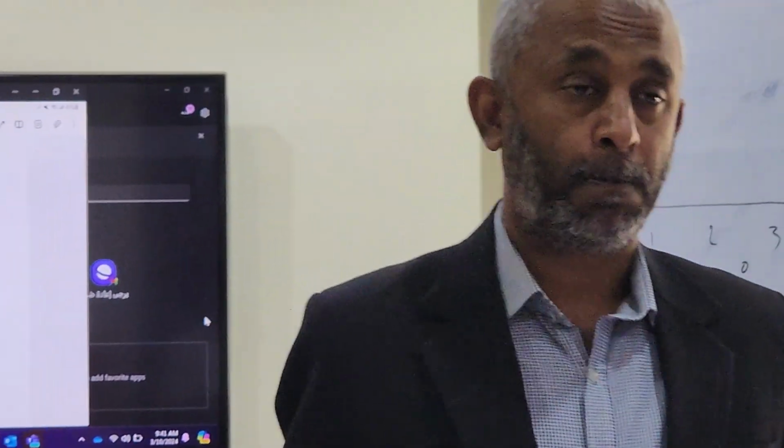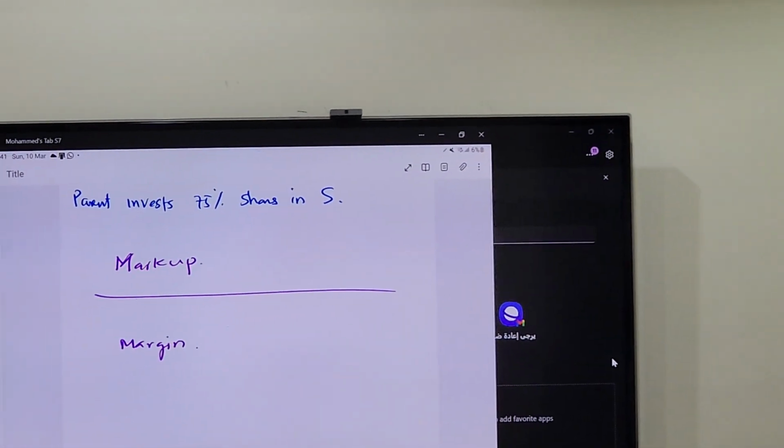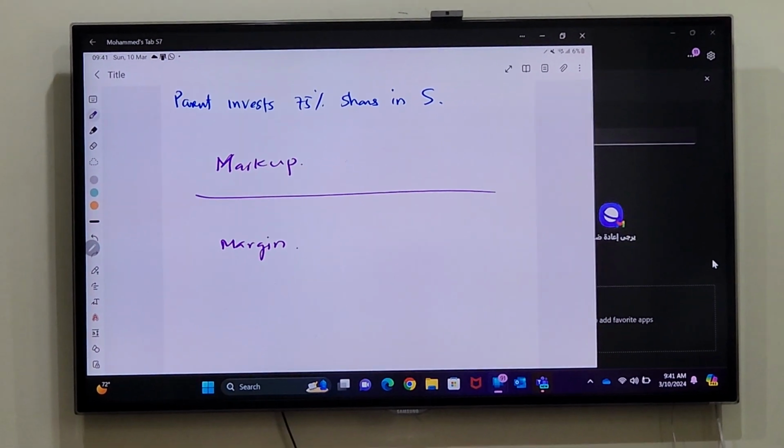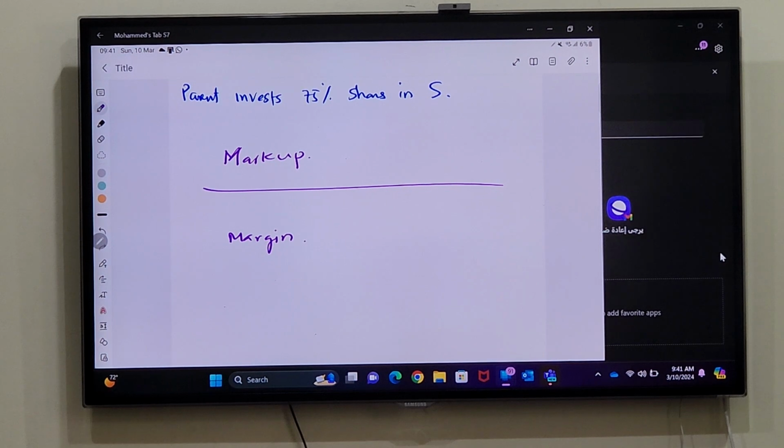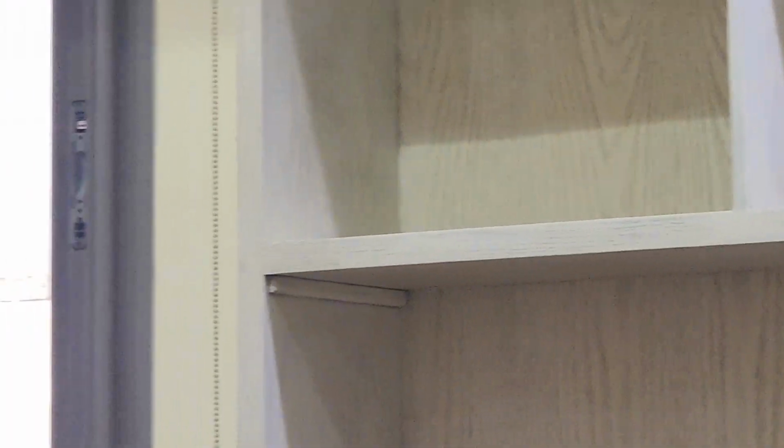Percentage of profits. No. Markup is percentage on the cost, but margin is percentage from the total sales.